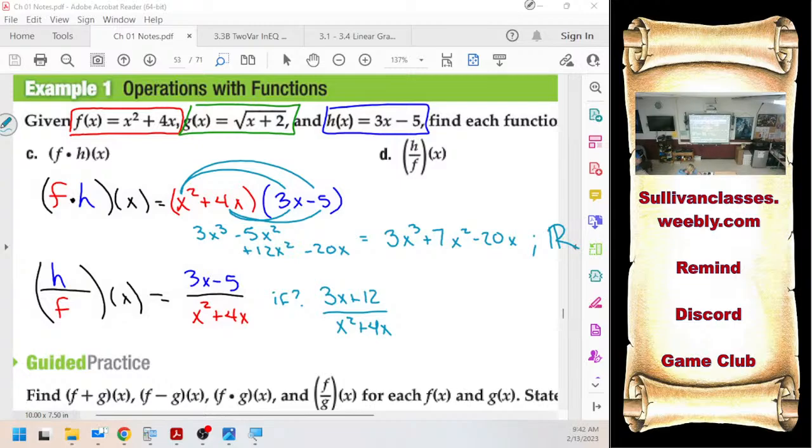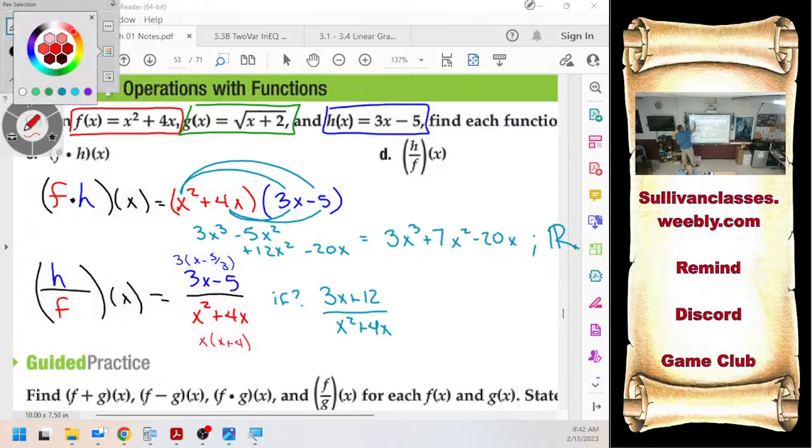Factor. Whenever you see a rational function, factor, factor, friggin' factor. Okay. This, I can't do anything with it. Like if I take a 3 out, I get an x minus a 5/3. Doesn't really do anything for me. If I take out an x, I have an x plus 4. There's nothing they have in common.